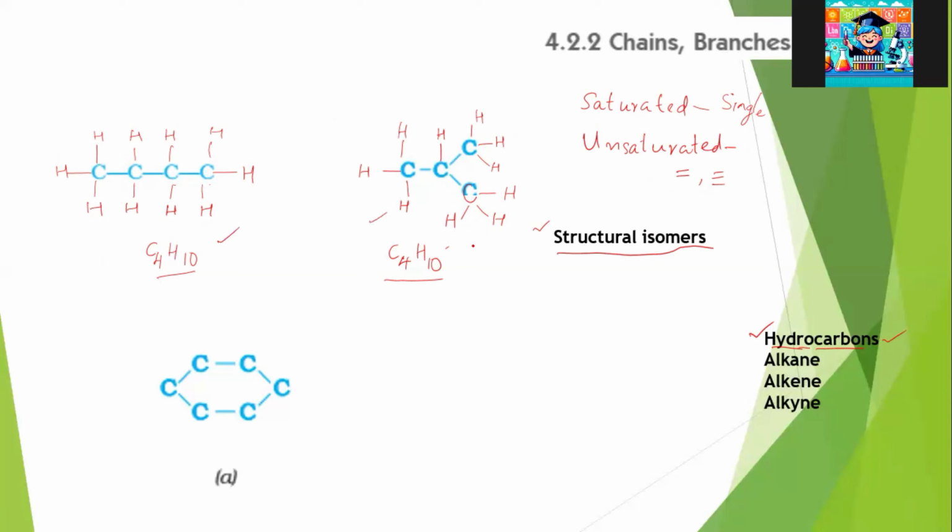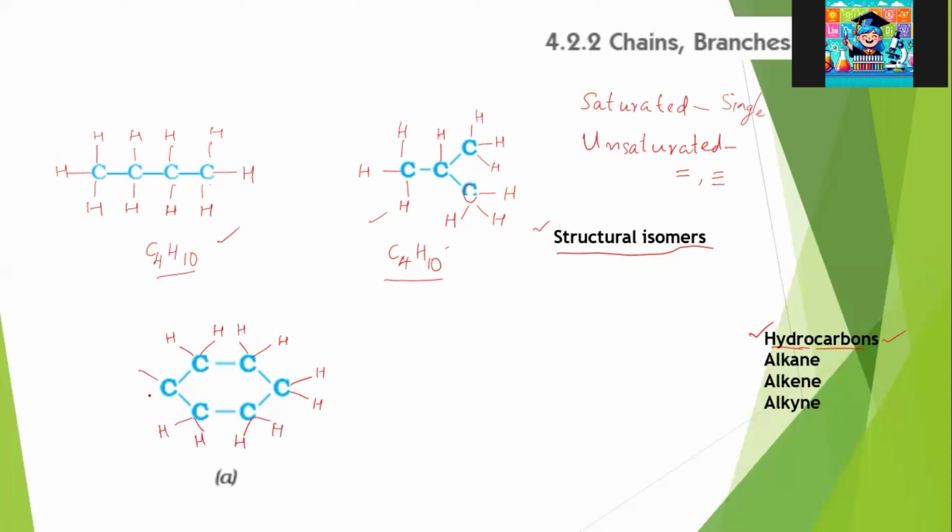So both linear or chain as well as branched structures are examples of hydrocarbons, and ring structures also. For example, this skeleton having 6 carbons. To satisfy the tetravalency, we add hydrogens so that each carbon has 4 bonds around it.